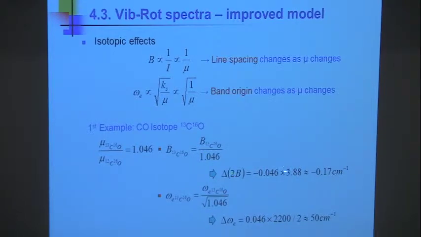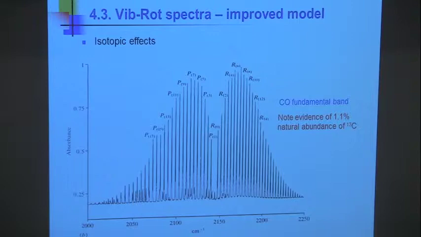So you're going to see a change in the spacing of the lines. You'll see a change in the position of the band center. You can predict where this is going to happen, or you can make the measurement and then say something about the mass. In my lab course, I don't tell them there's carbon-13. They have to figure out what it is, and they have to find the mass, and they get it within 0.1% or so. So there are isotope effects that perturb this. There's carbon-13 down here.